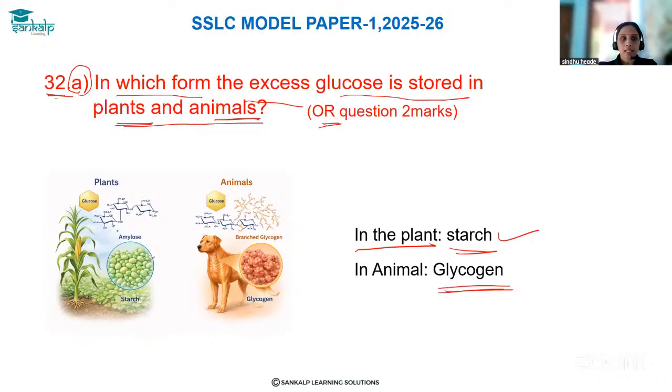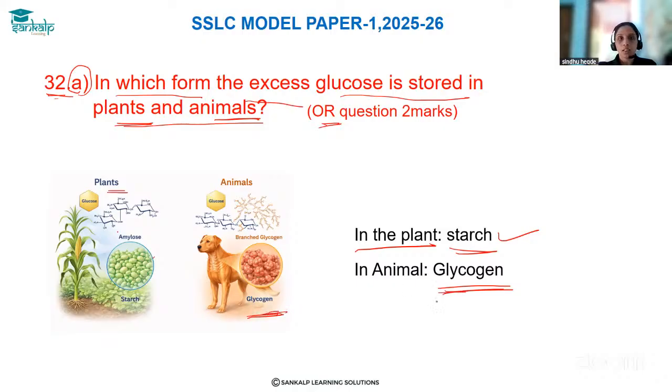See, plants store excess glucose as complex carbohydrates like starch in various parts such as leaves, roots and seeds. Okay. In animals, this excess glucose is stored in the form of glycogen, primarily in the liver and muscles.